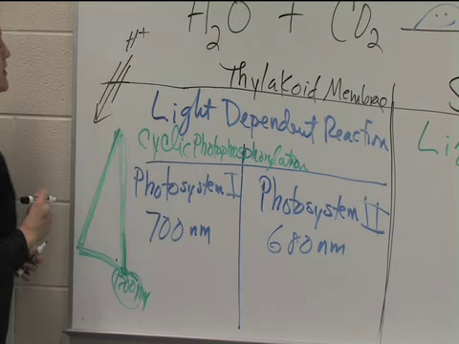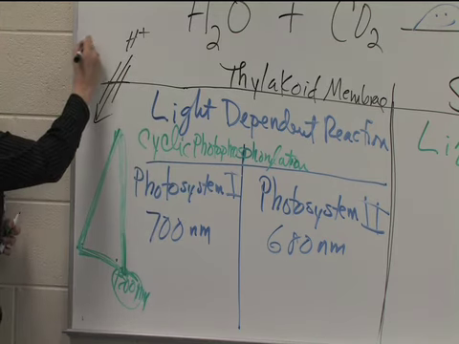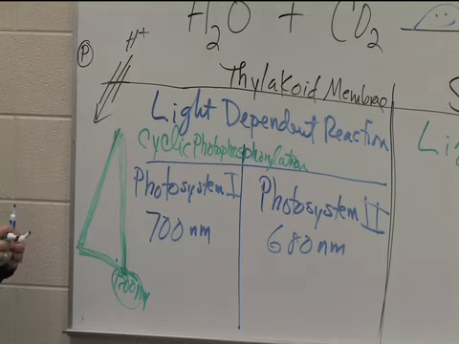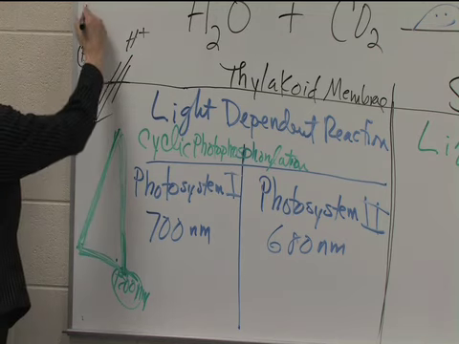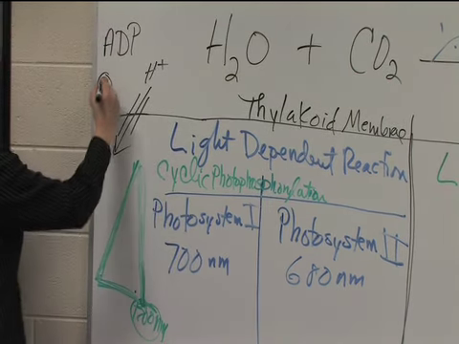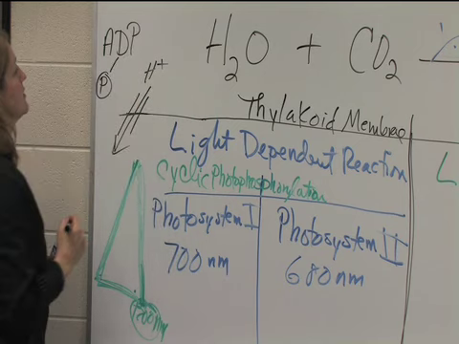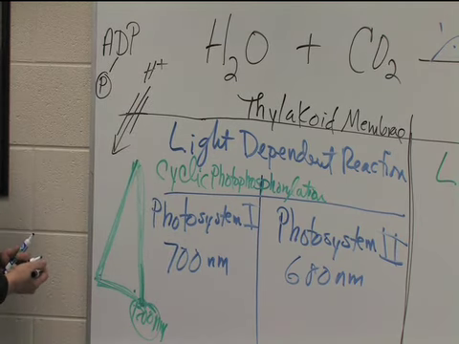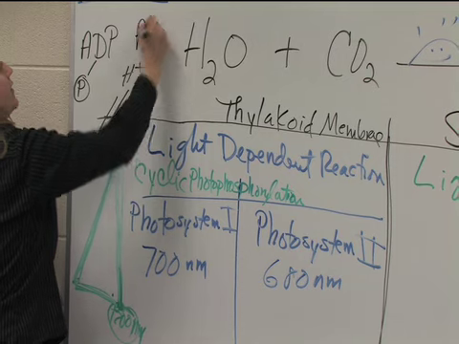And when these hydrogen ions rush through it, a phosphate gets added to an ADP. And do you know what ADP is? Adenosine diphosphate. And when you get another phosphate group attached to it, then it's called adenosine triphosphate, or ATP.